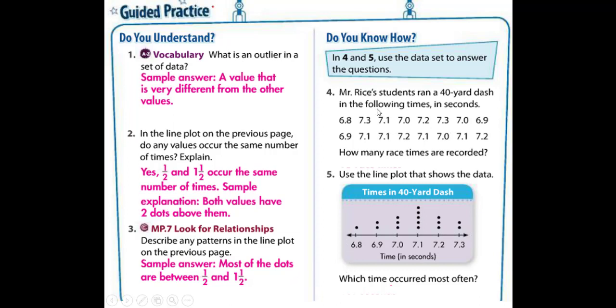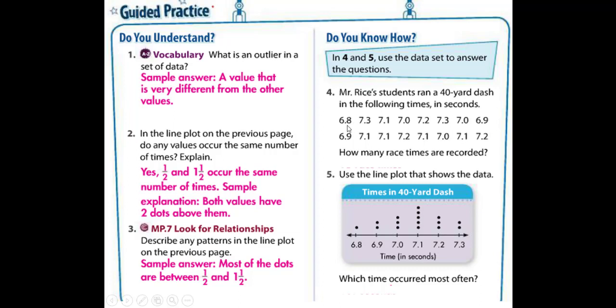Okay. Question number 4. Mr. Rice's students ran a 40-yard dash in the following times in seconds. We have here recorded the time in seconds of some students in a race.